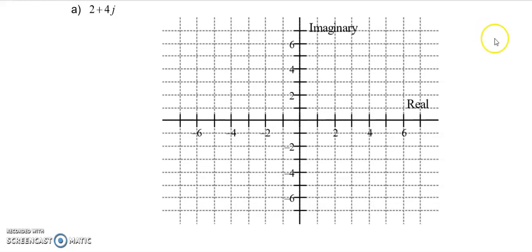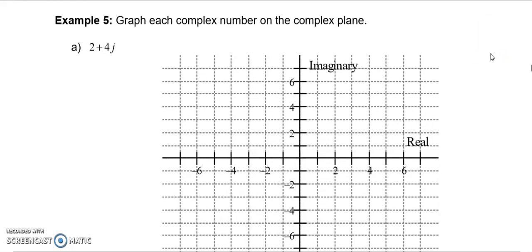So here's example number one. It's asking us to graph the complex number 2 plus 4j. Now you can clearly see that 2 is the real part, so that is your a. The number in front, the coefficient of the j, is positive 4, that's your b. Well, how would we graph that on the real and imaginary plane?